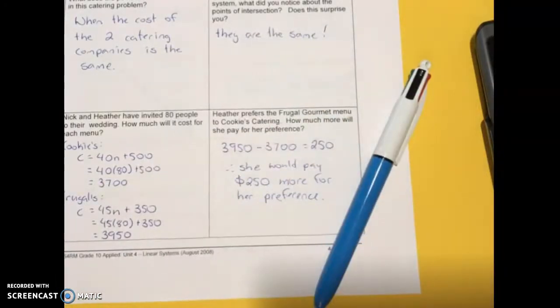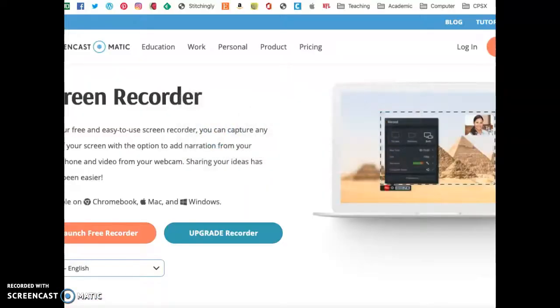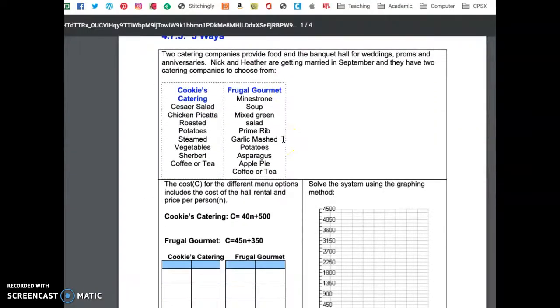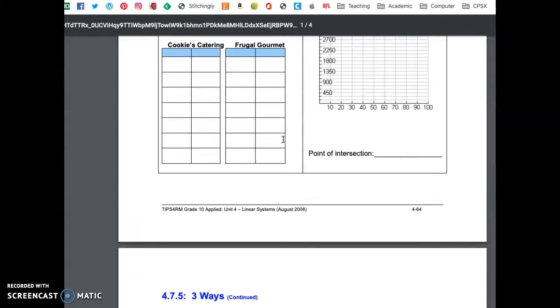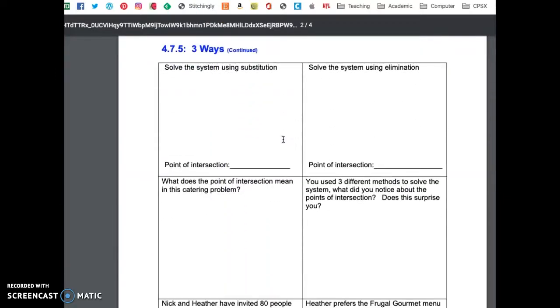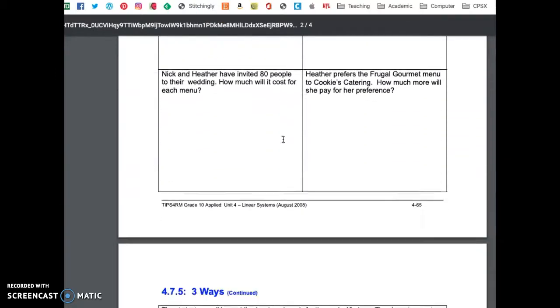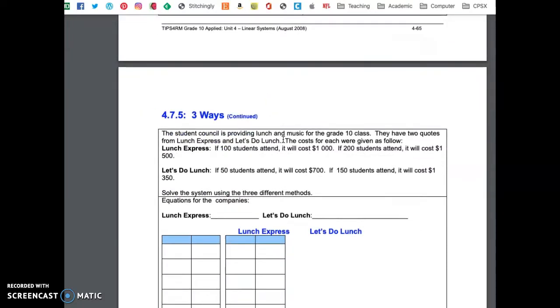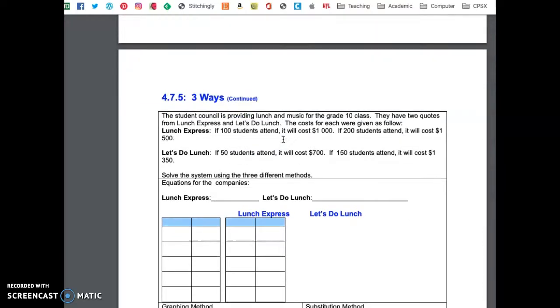So what I would like you to do, I'm just going to switch over so you can see. This is the handout that I'm posting on Brightspace. So we just did the first 2 pages together. So there is a second question that has to do with providing lunch at school.